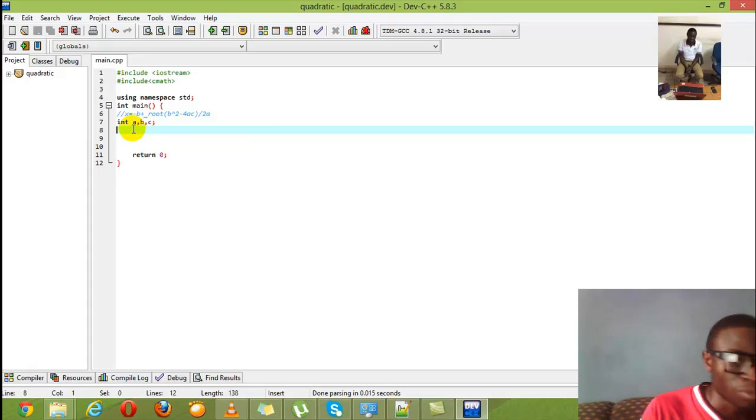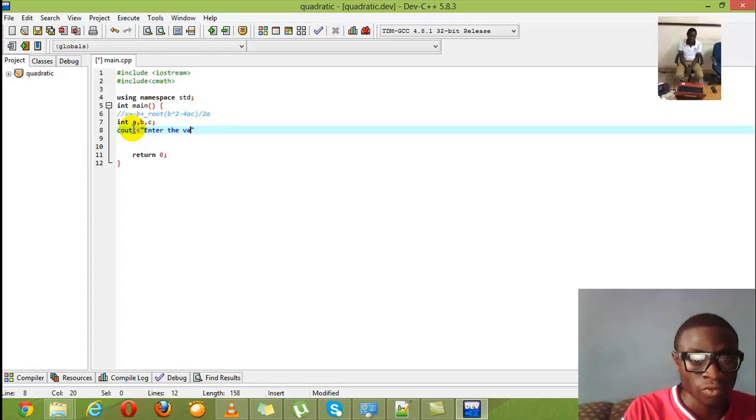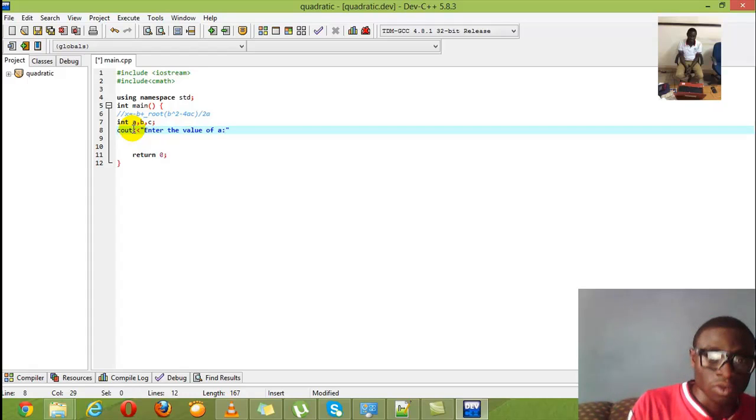We can write a program to receive input for a, b, and c, and you know how to do that. So we print out a statement on the screen like cout, we enter the value of a, enter the value of a, and put a semicolon there and save it.